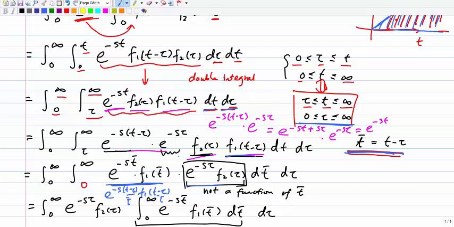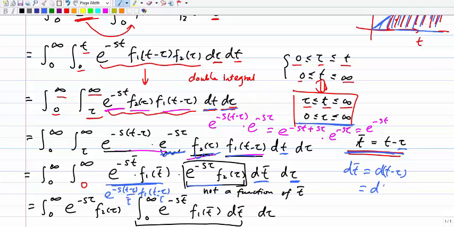The remaining term is just this guy and this guy, they'll be the same. Now of course I can change dt to dt bar. The reason is that in the inner integration I consider tau to be constant, so dt bar is d of t minus tau, because tau is considered constant when you do the inner integration.